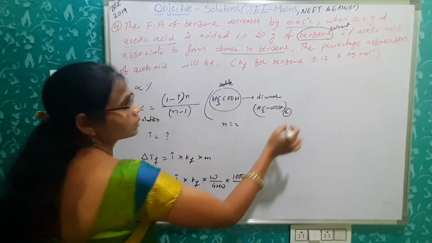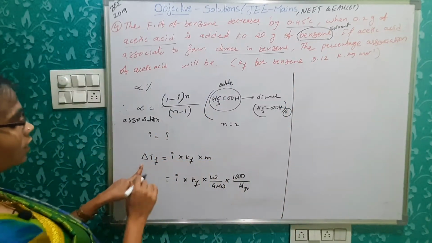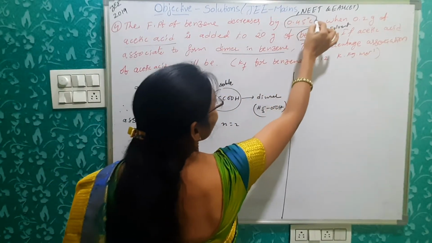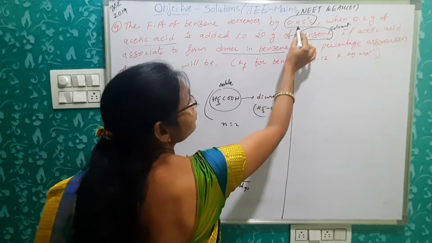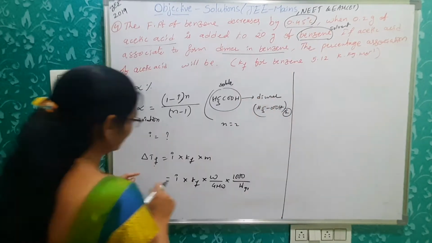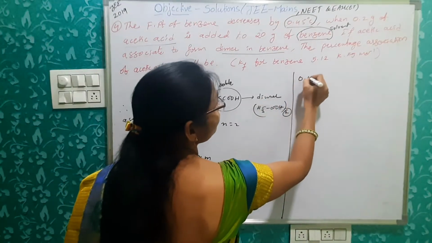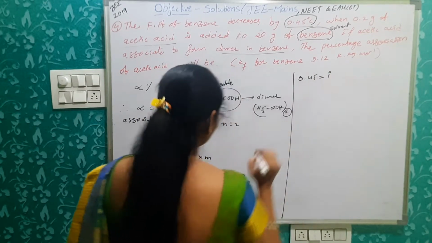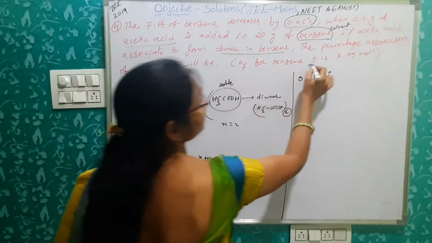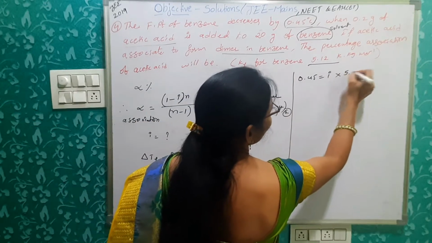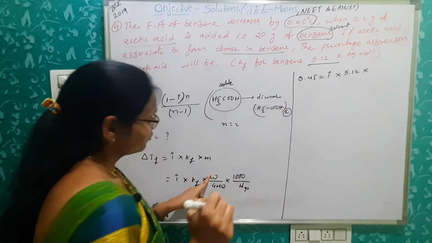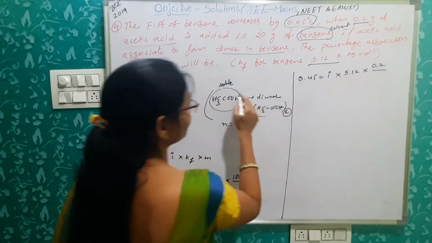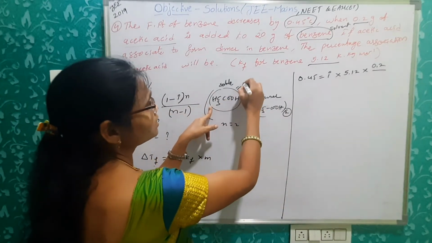Okay, now see here, delta Tf is given: the freezing point of benzene decreases by, so means the depression in freezing point, 0.45 degrees Celsius. Okay, delta Tf value 0.45 degrees Celsius. The i factor we have to calculate. Kf is given for benzene as 5.12, weight of acetic acid 0.2, molecular weight of acetic acid how much? 60.